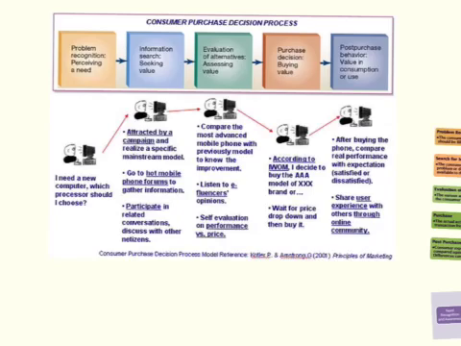The customer needs a new computer. Which processor should I choose? So the customer has their problem recognition, perceiving a need. They need a computer to serve their need. And after that, if they need a new computer, which one will be available for me? What series or what model should I choose?